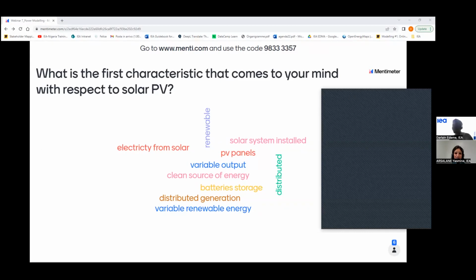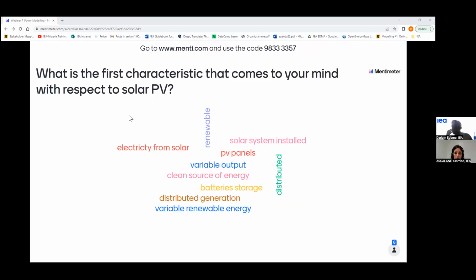Okay, I find it very interesting. We come back to this concept of variable, but also one key aspect is the distributed generation part of solar. It plays a key role, notably for access to electricity, because of this distributed attribute.